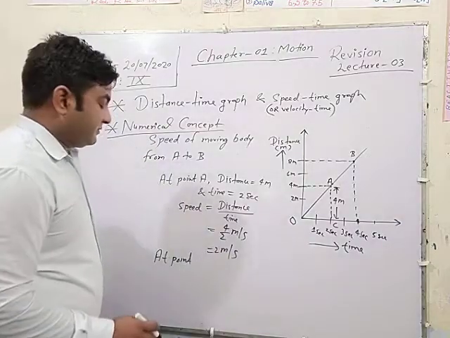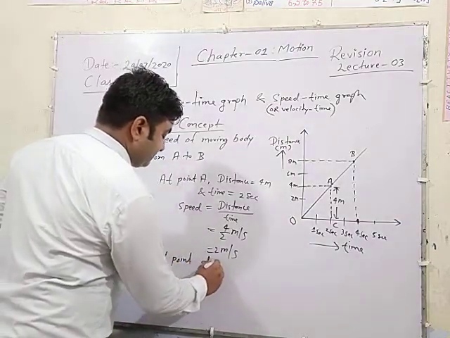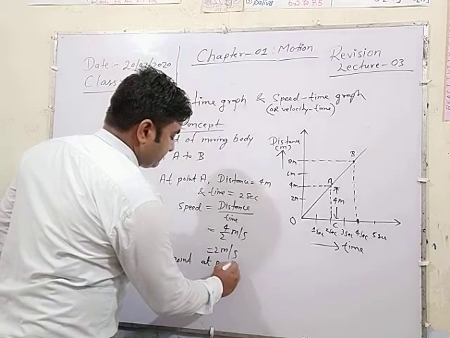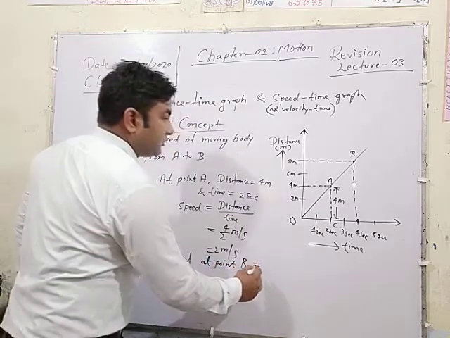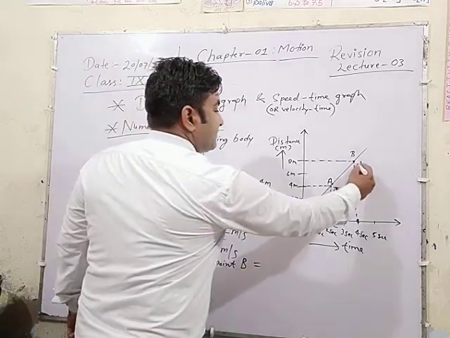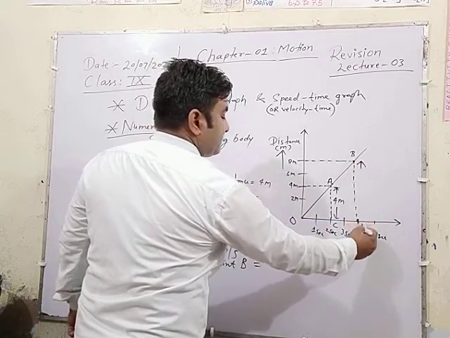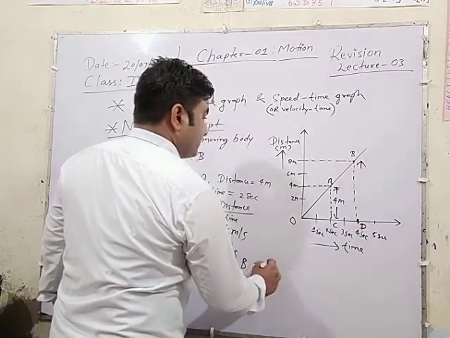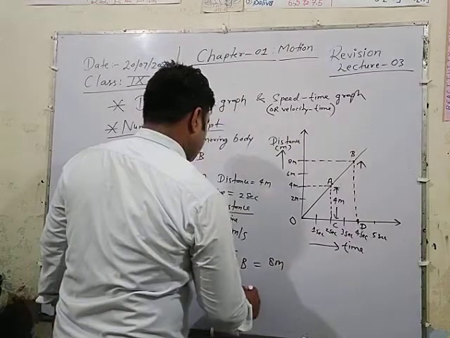Speed at point B is equal to distance, that is, from B to D, 8 meter.